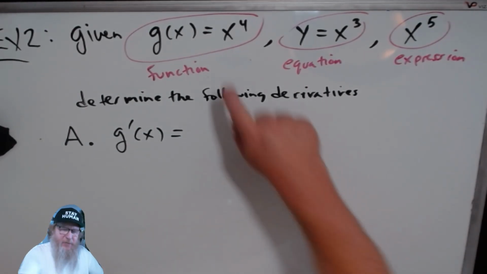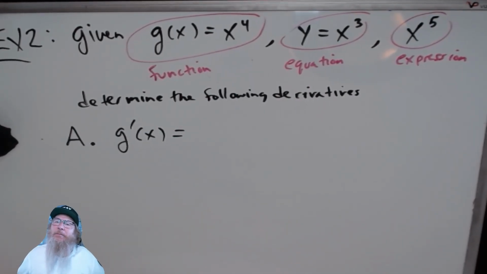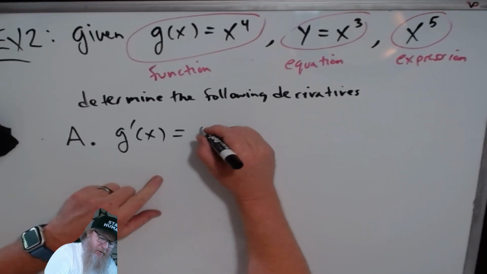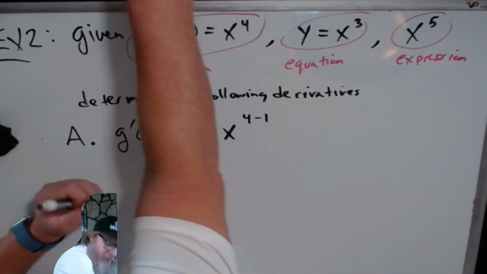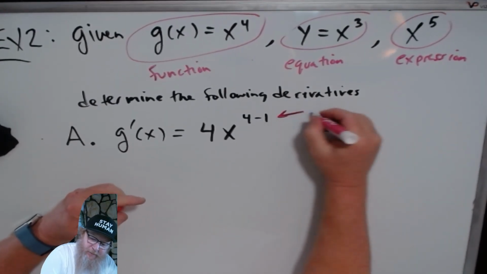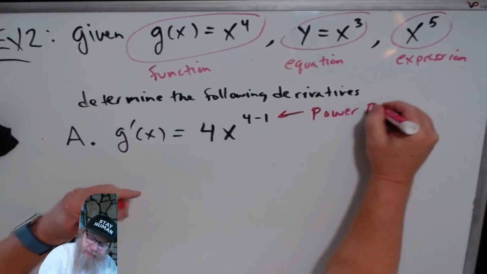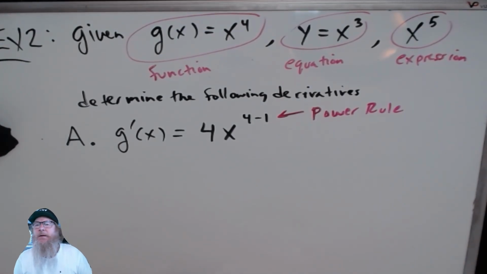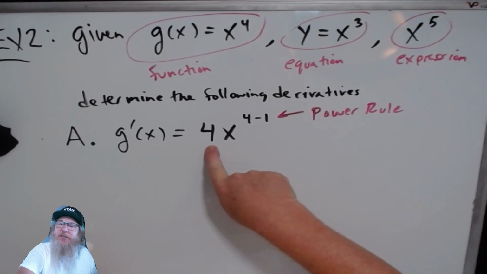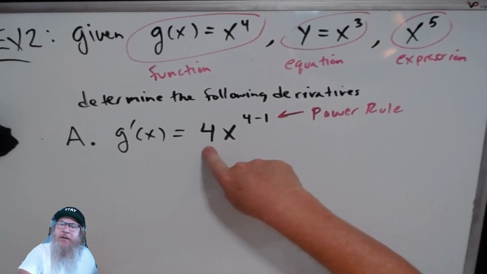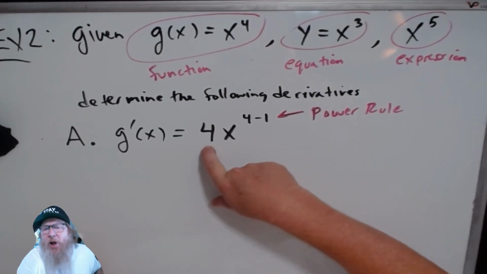Okay, this is rule number 3, the power rule. So this is going to be 4 times x to the 4 minus 1. The power rule says take the power, turn it into the constant. So that becomes your, it's sort of like k, but in the rule I call it n.